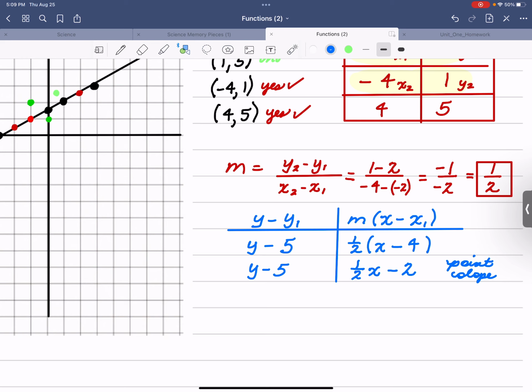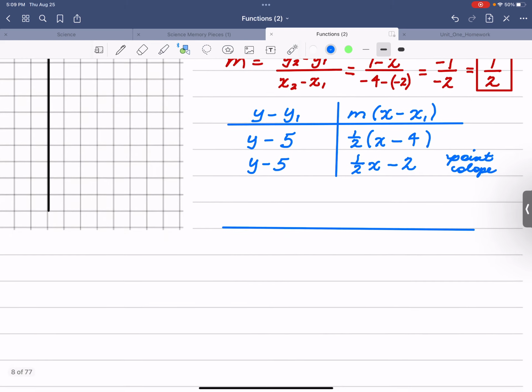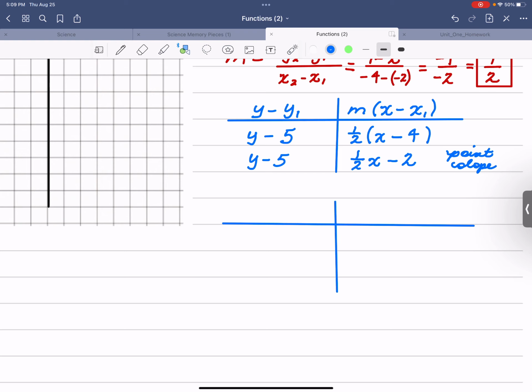Let me just draw another frame. We're going to put on another outfit. Slope intercept is y equals mx plus b. And we have y minus 5 equals 1/2 x minus 2. So let's figure out what needs to be adjusted.